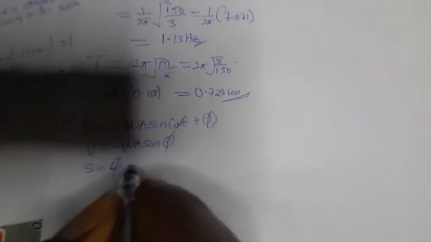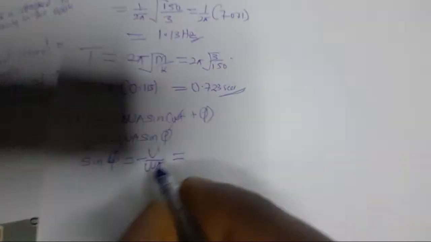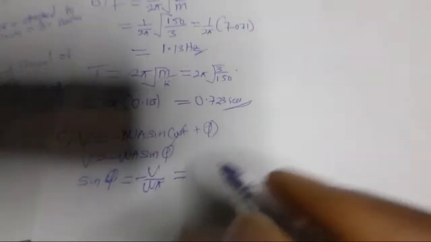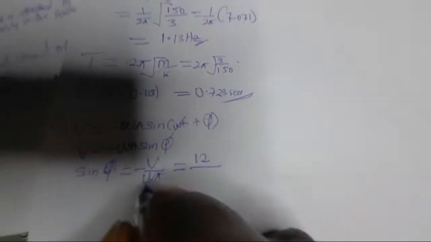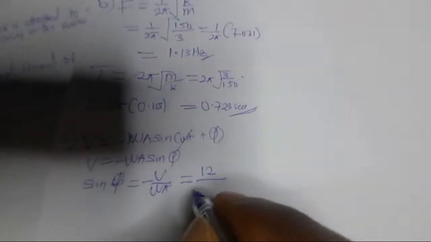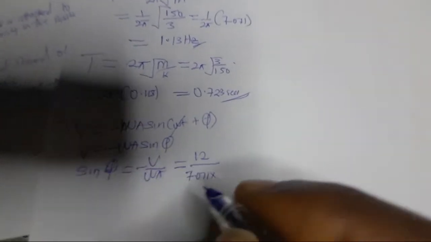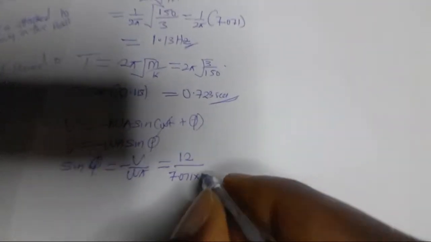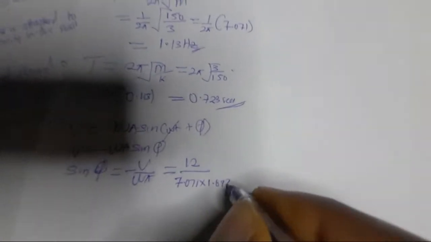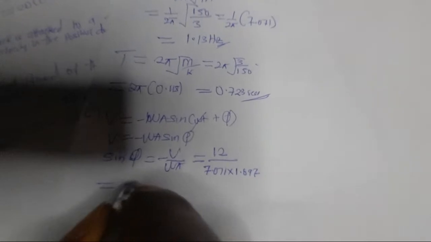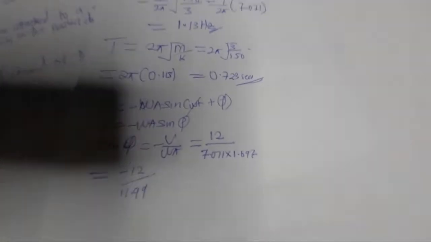So our sine phi will be equal to minus V all over WA. Our velocity is 12, all over WA. W is 7.071 times the amplitude we calculated at first, 1.697. At the end of the day, we have minus 12 all over 11.99, which can be 12.